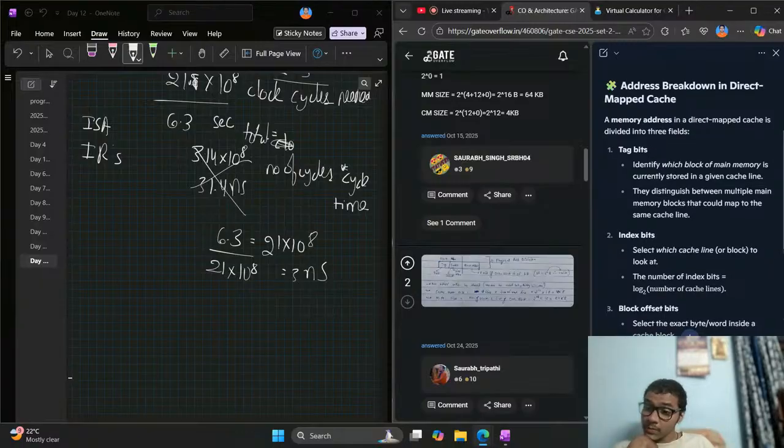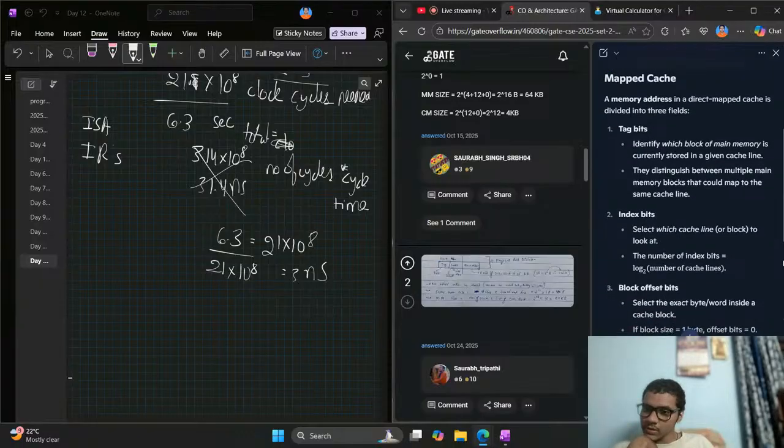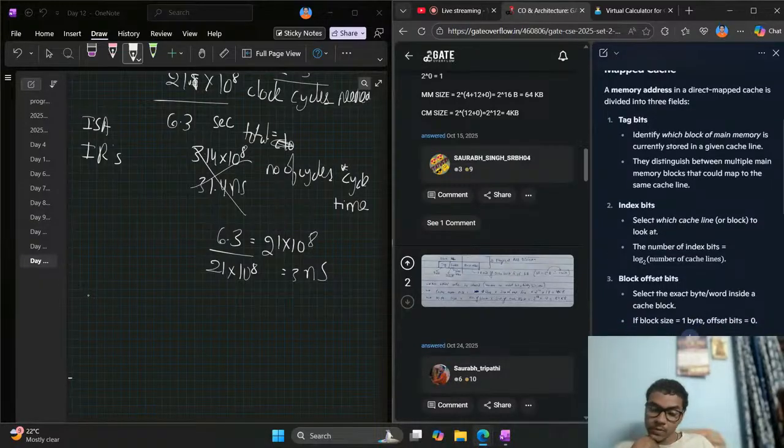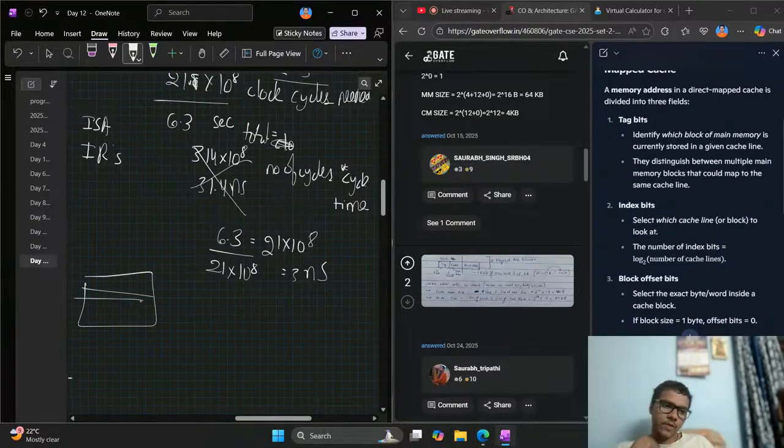Which block of main memory is currently stored? So this is main memory. Okay, we did this one before already.